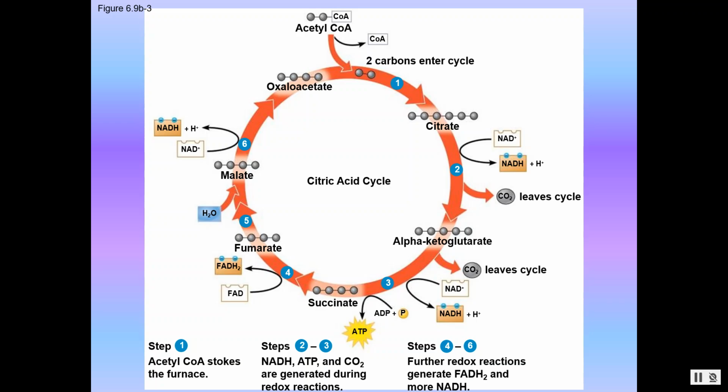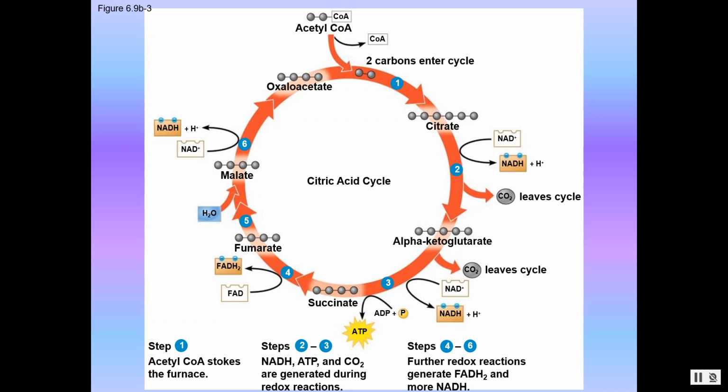And all of those brown rectangles with the little negative signs, which show electrons, are going to be shuttled over to the electron transport chain and the oxidative phosphorylation.